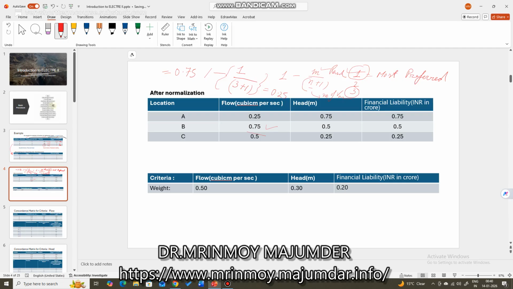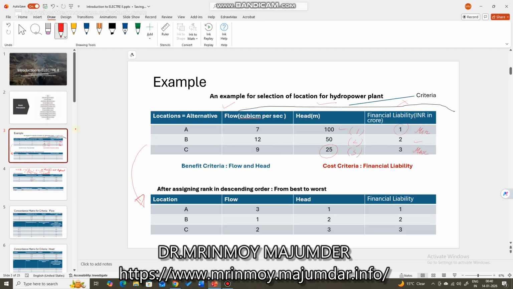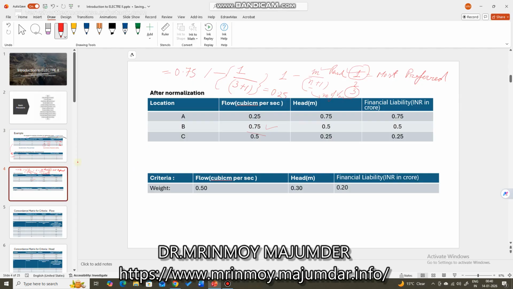Correct? So this matrix, where the values were converted into rank, is now converted into this matrix where the ranks are converted into their equivalent magnitudes. This I say is the equivalent magnitude.